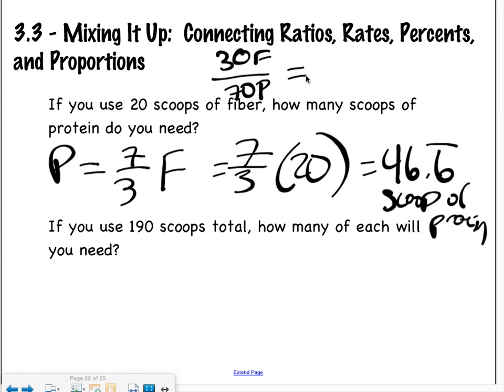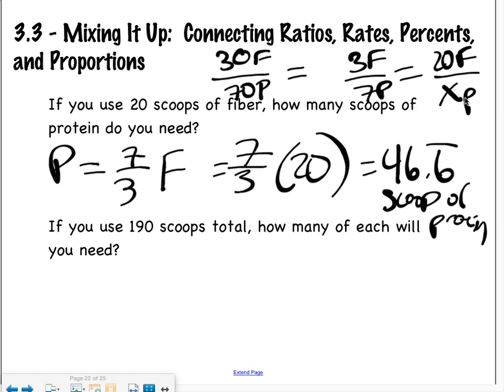So 30 over 70 also reduces to our rate of 3 fiber to 7 protein. Now we want to set that up for 20 fiber over X amount of protein. If you set up that ratio and solve for X, you also get 46.6 repeating scoops of protein.